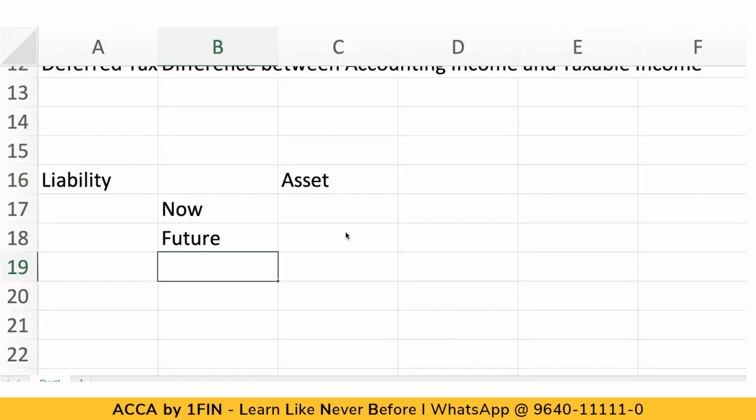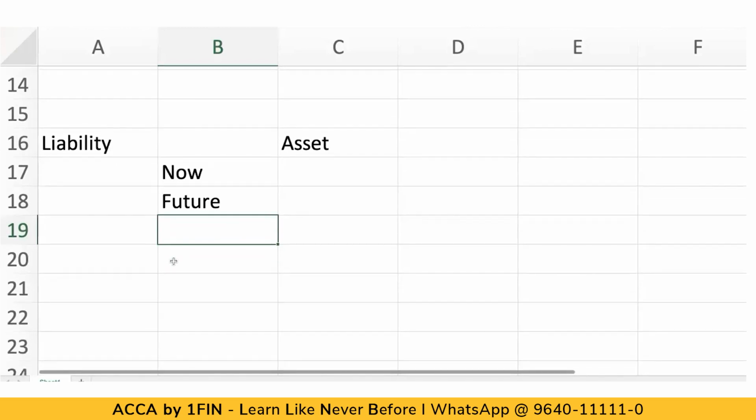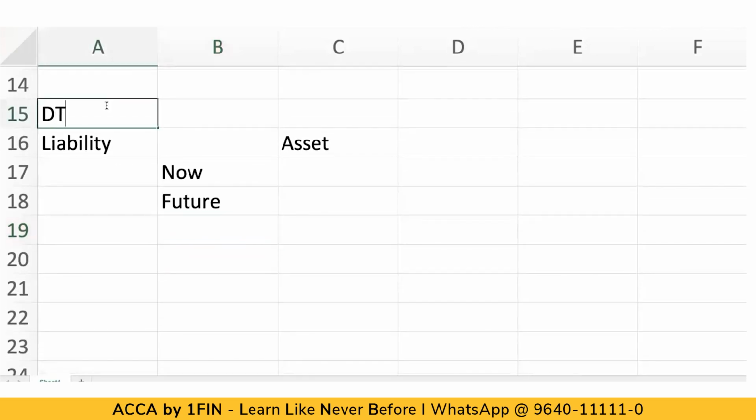So when I say there is a deferred tax liability, the question is, in case of deferred tax liability, do you have to pay more tax now or do you have to pay more tax in the future? In the future, sir. So in case of deferred tax liability, now you will pay less tax.